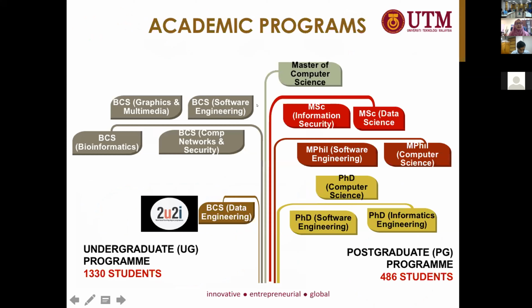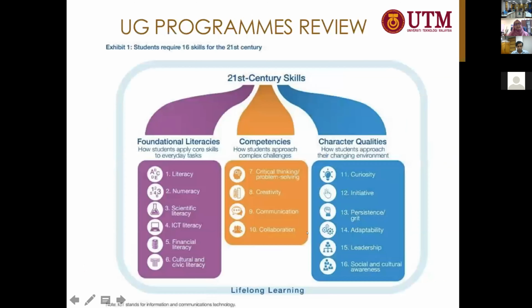The focus of my talk today is the Bachelor of Software Engineering and Bachelor of Data Engineering. Overall, for undergraduate, we have around 1,330 students in campus in computing. And then we have around 486 students for postgraduate in all programs. And for postgraduate, we also have MPhil in software engineering and PhD in software engineering.